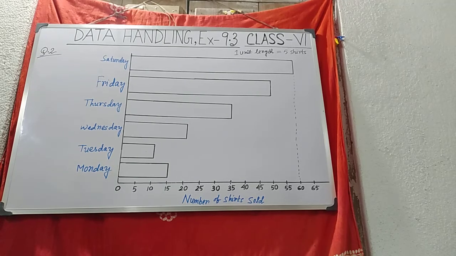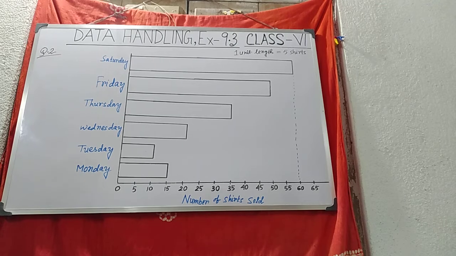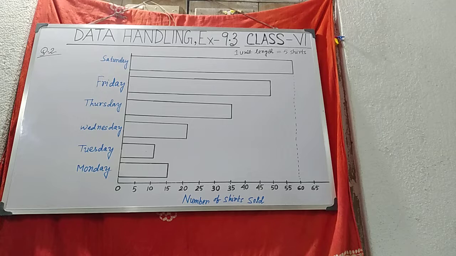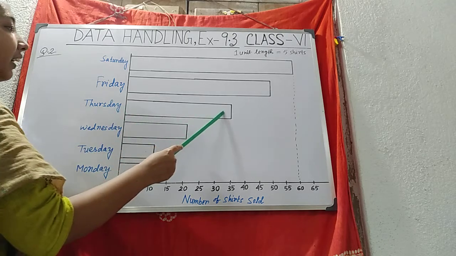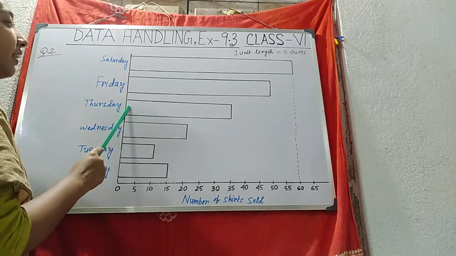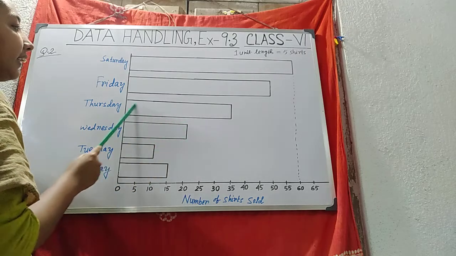Our next question is, how many shirts were sold on Thursday? We have to count how many shirts were sold on Thursday. So at first we have to move to Thursday. Here we can see this bar, and we have to count how many shirts were sold on that day.